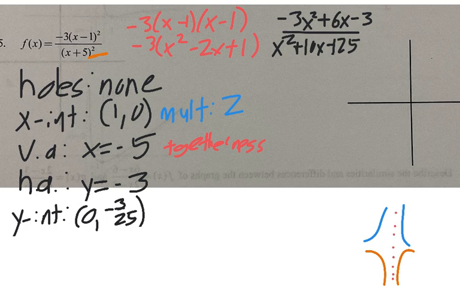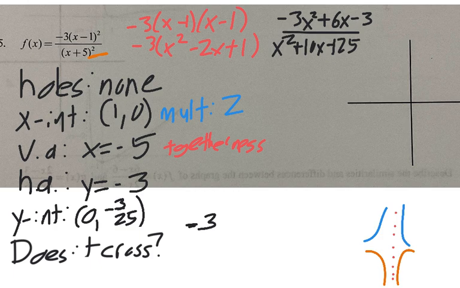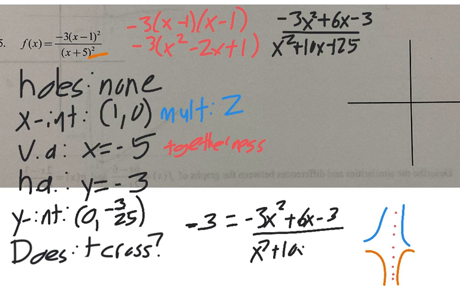Okay, and then last thing we have to check: does it cross? Well, I don't know. Let's see. I'm looking for where the horizontal asymptote is, which is -3. So I can say -3 equals -3x squared plus 6x minus 3 over x squared plus 10x plus 25. Put that over 1 and cross multiply.